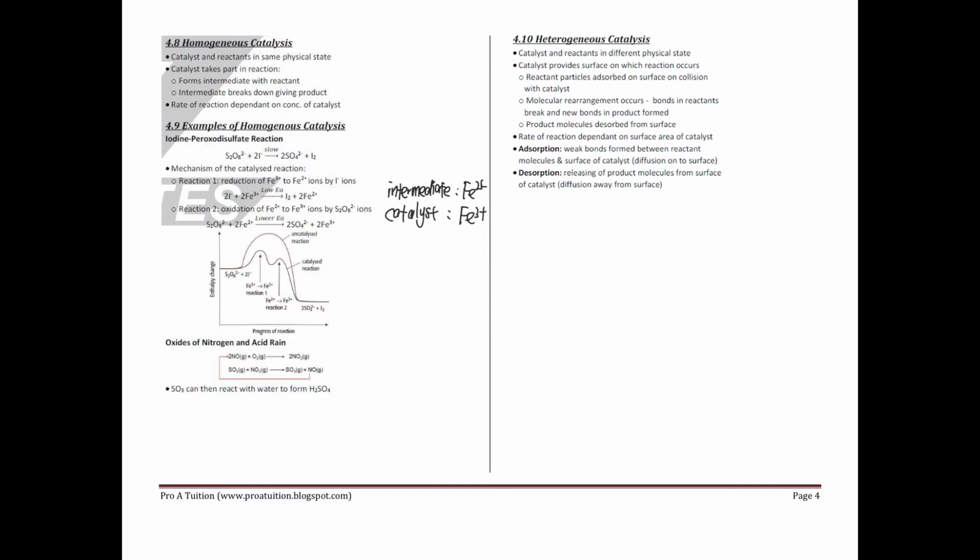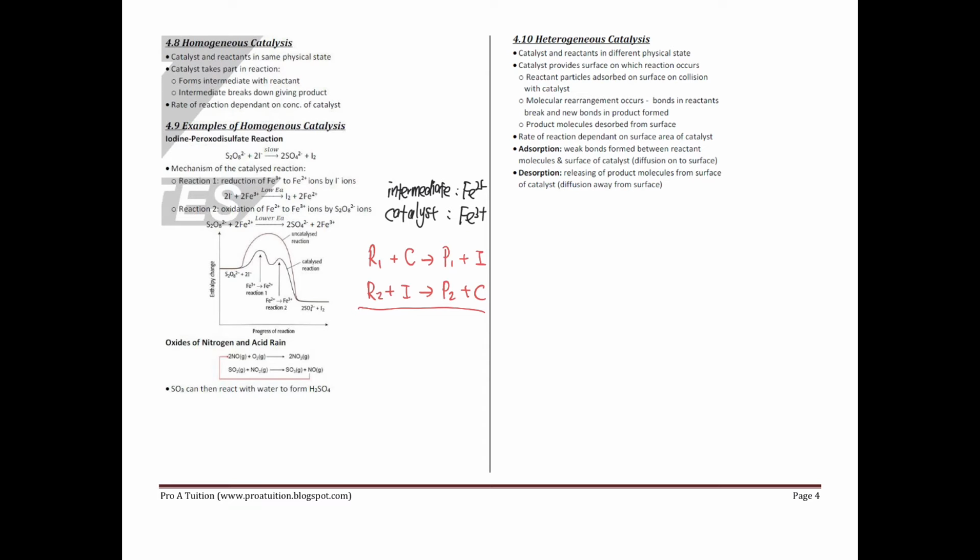Now let's see another example. Make sure you get the idea. In general, it looks like this. Reactant 1 plus catalyst forms product 1 plus intermediate. Reactant 2 plus intermediate forms product 2 plus catalyst.